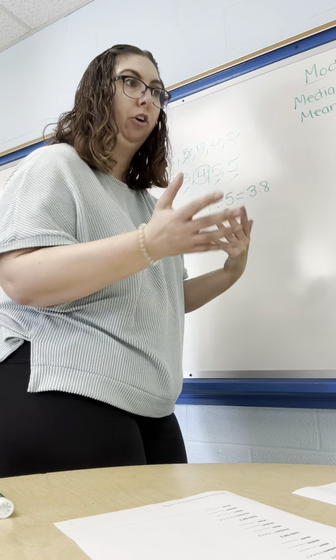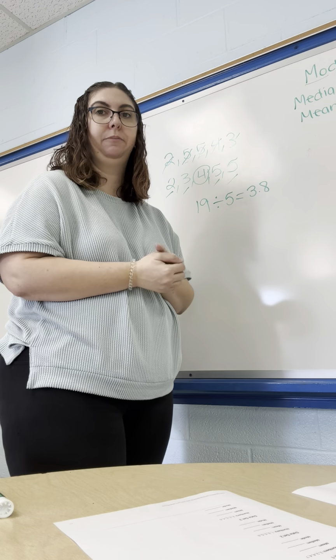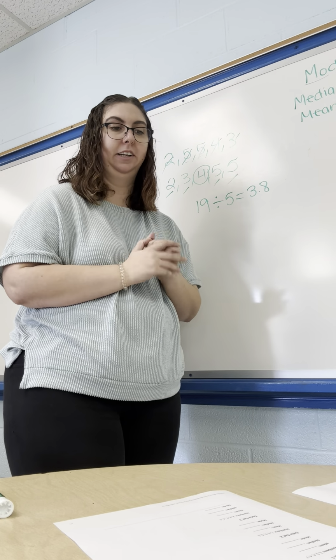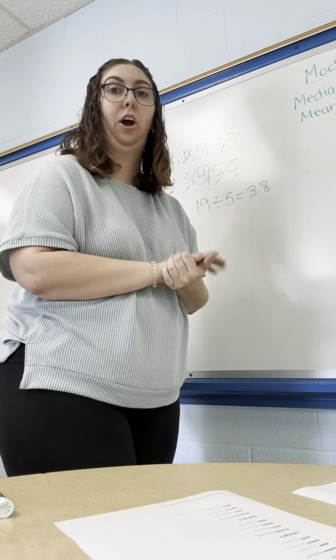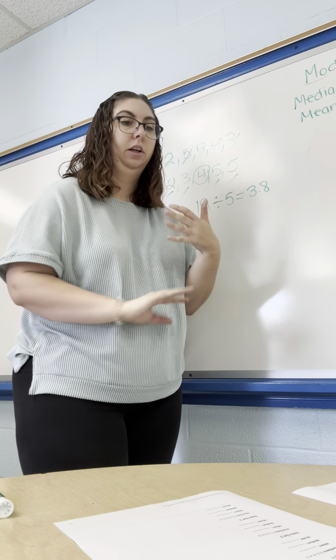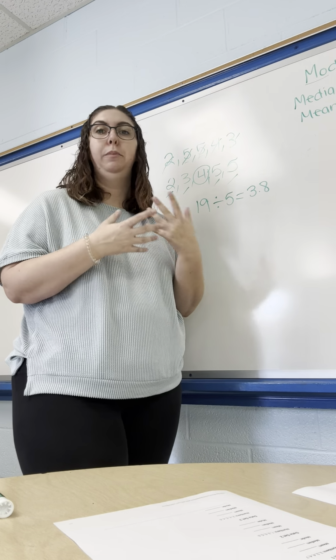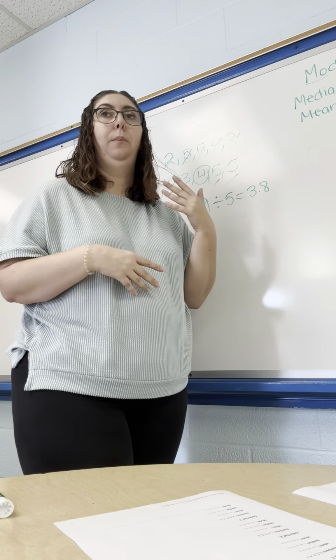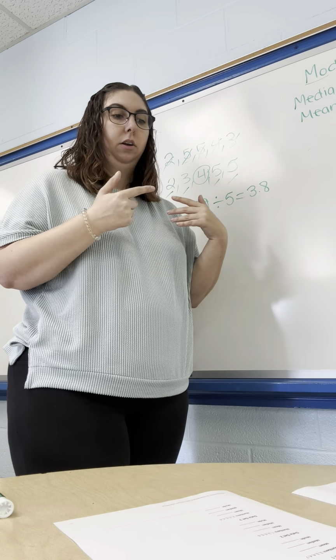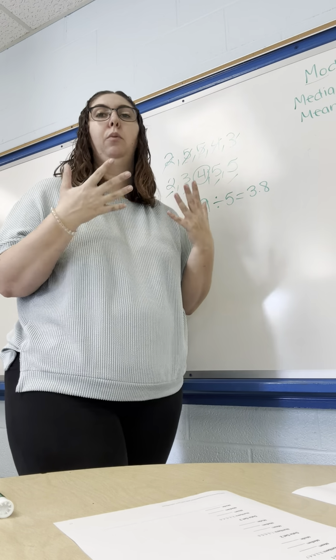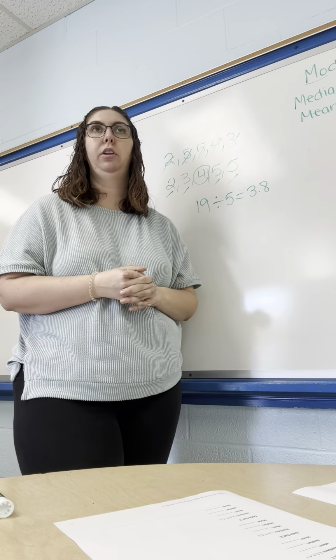And then after we play all of our games and everything, after we play our GIM kit game, then we're going to come back and I will ask them, how can mean, median, and mode help us to make sense of data in our real life? What is something we could use this for in real life?